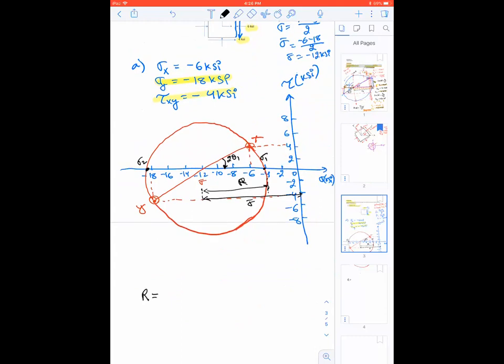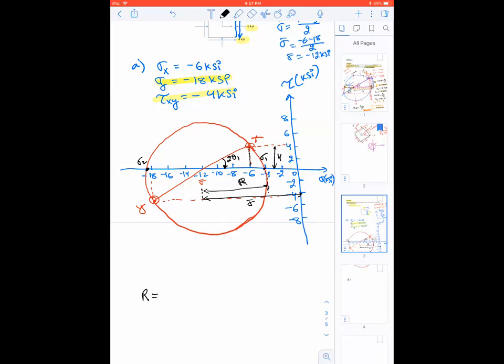So this is your shear stress. Remember, you can calculate it this way. This distance is how much? 4. And for the radius, we do not need any sign convention.